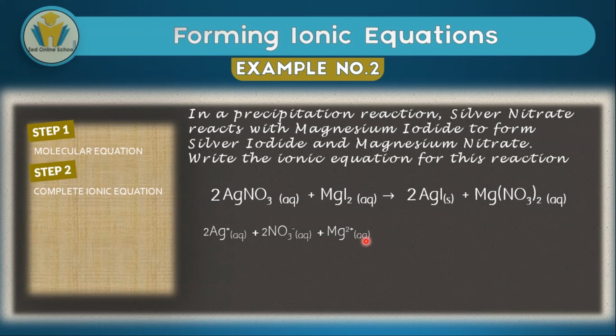Remember, magnesium is a group 2 element, so it's got the valency 2, and therefore we show it as 2 plus. Now, another question comes about iodide, or how are we going to treat the ion for iodine. You can see there's a 2 here representing that in this compound we have got 2 atoms of iodine combining with 1 atom of magnesium.